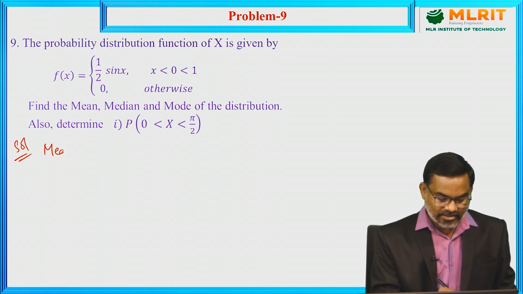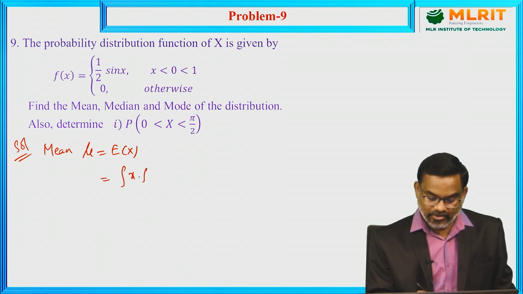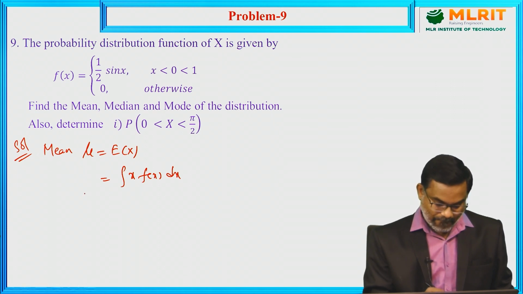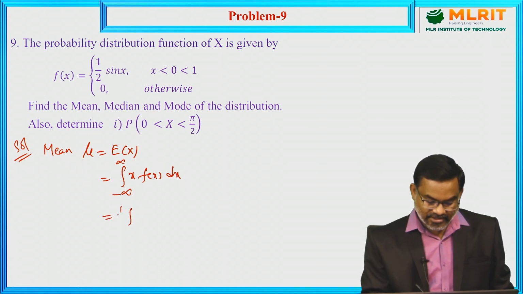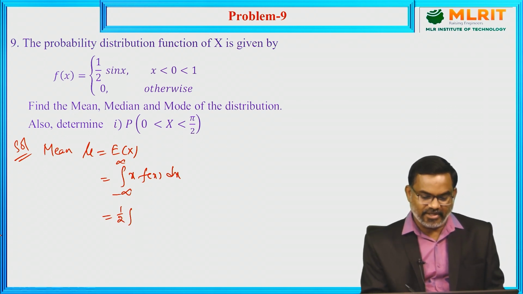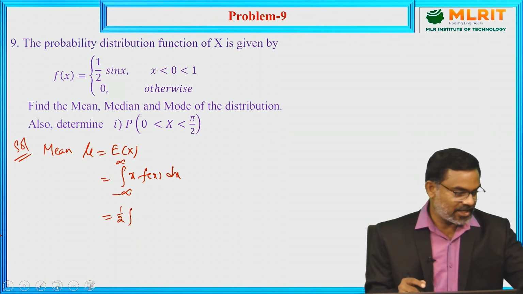So, what is the mean? Mean mu is the expectation of x, which is given by integral x into f of x dx from minus infinity to plus infinity. So, here f of x is given as 1 by 2 sin x, and minus infinity to plus infinity is not mentioned, it is given when x lies between.